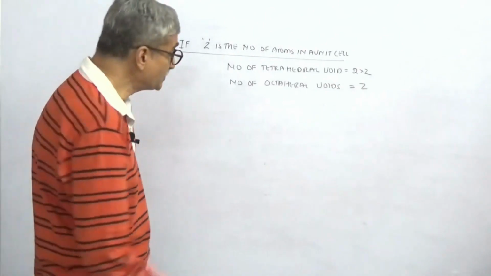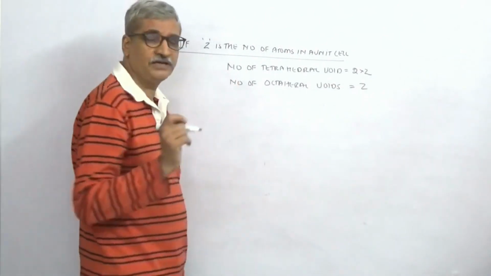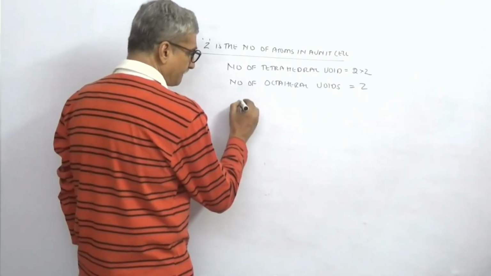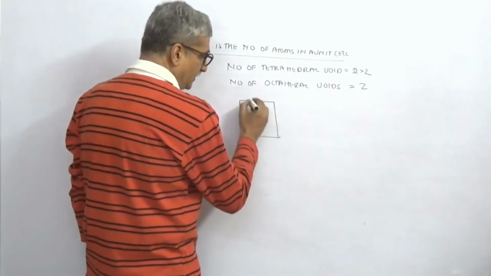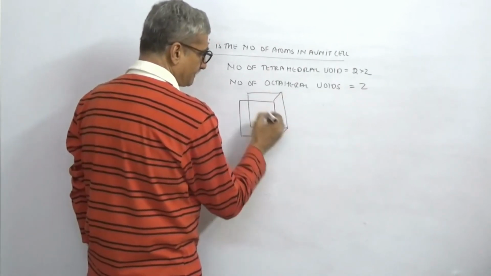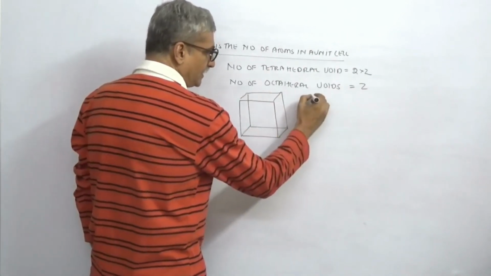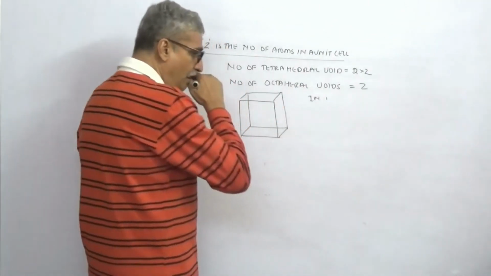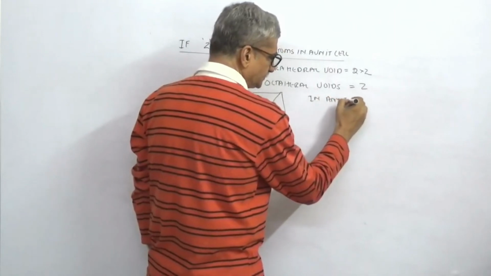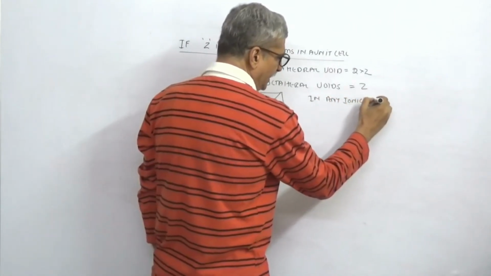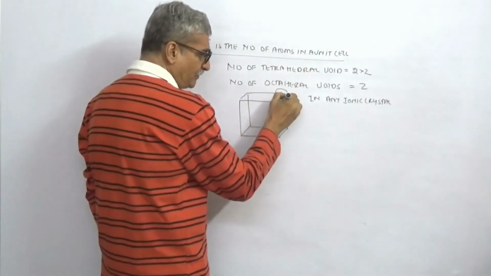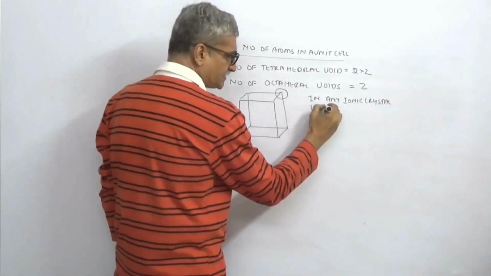Because you're going to use this to calculate the molecular formula. Because you have to understand that generally what happens in any ionic crystal is that the lattice points are occupied by anions.